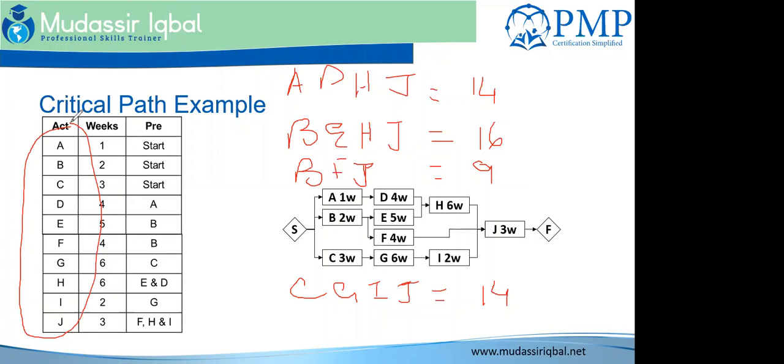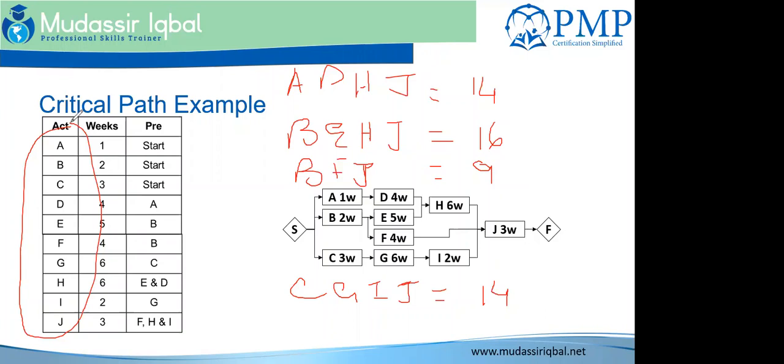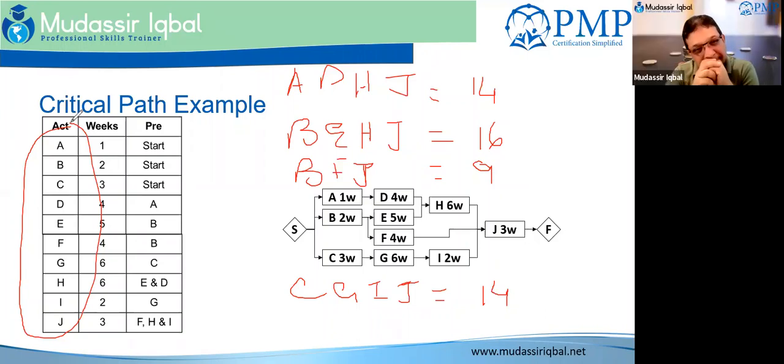I'd say 16 weeks. Jasmine, how much time will you take to deliver the project? 16 weeks. 9 weeks. Yes, Hasib, Kashif, and Jasmine. Why 16? 9 weeks.